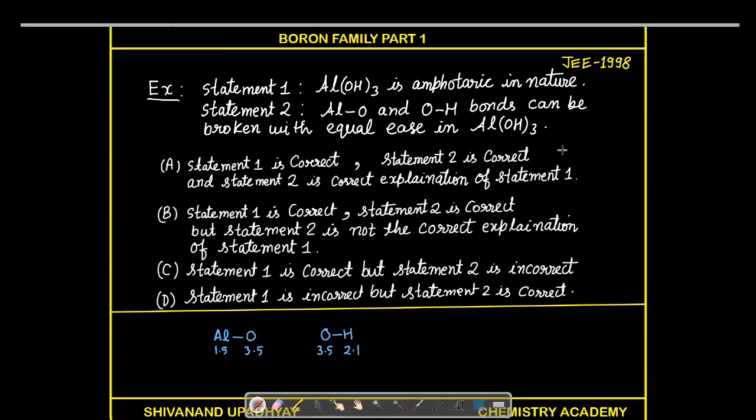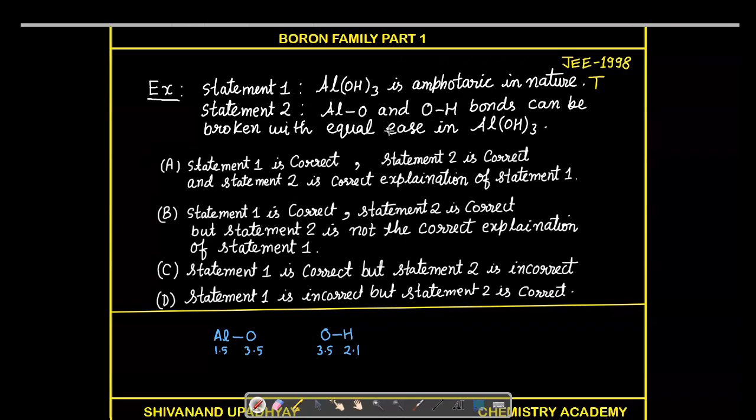So by looking at the data, we can find that the difference in electronegativity is 2 here, and the electronegativity difference there is 1.4. So we cannot say that this is breaking evenly, right? The first statement is true because aluminium hydroxide is amphoteric. Amphoteric means it can react with acid and base.